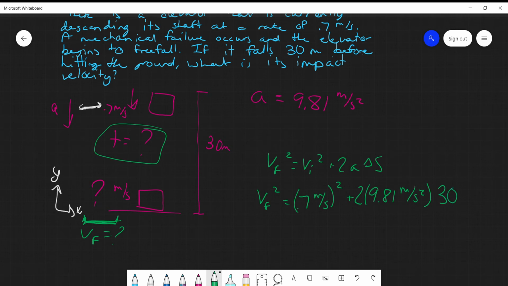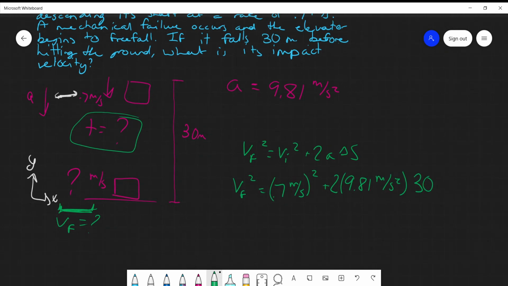Now, if we had kept 9.81 as a negative number, normally you could do it the quote unquote proper way, where A is negative because it's going down and positive Y is up. You could do that, and our 30 then would be delta S, which is final minus initial.